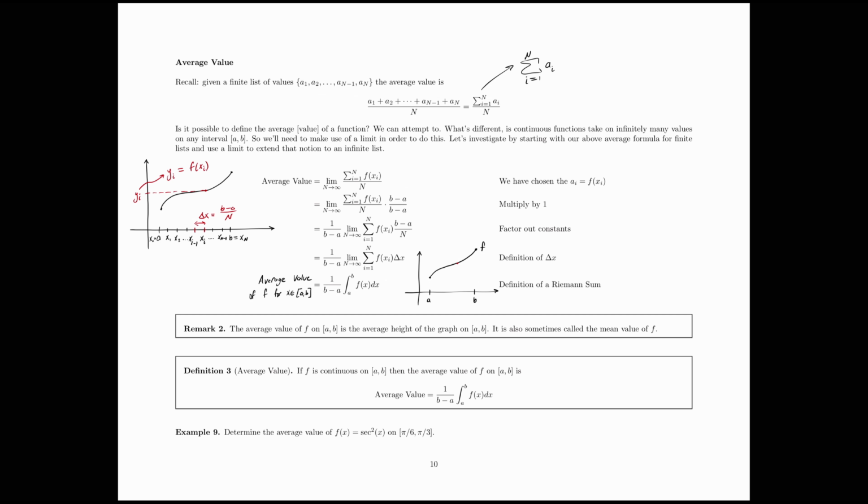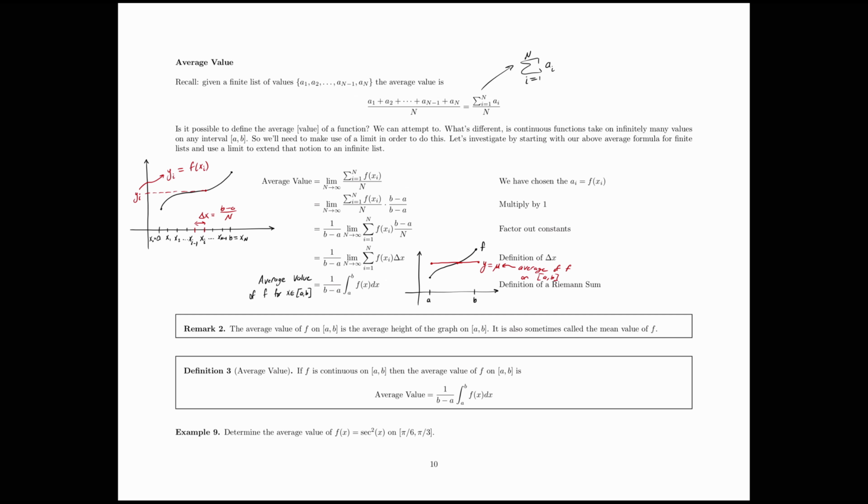In which case, if you considered this function, so let's say this is y equals, I'll say mu for the average value. So mu here is the average value on a to b.